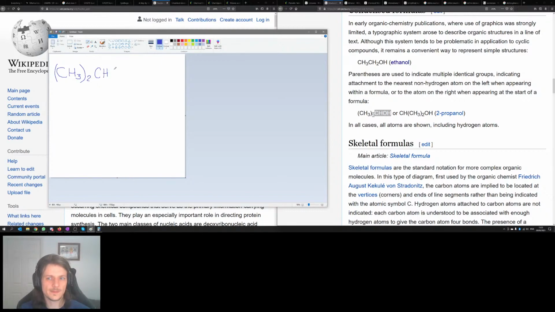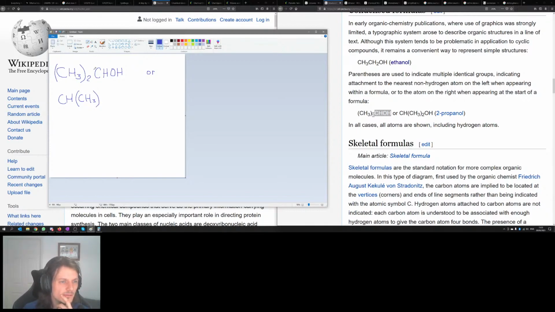HOH, or, and they've displayed it as CH, which is this part, and then C because the H isn't on the left. Is that right? 3, so this part, and then let's see if I can finish this off.